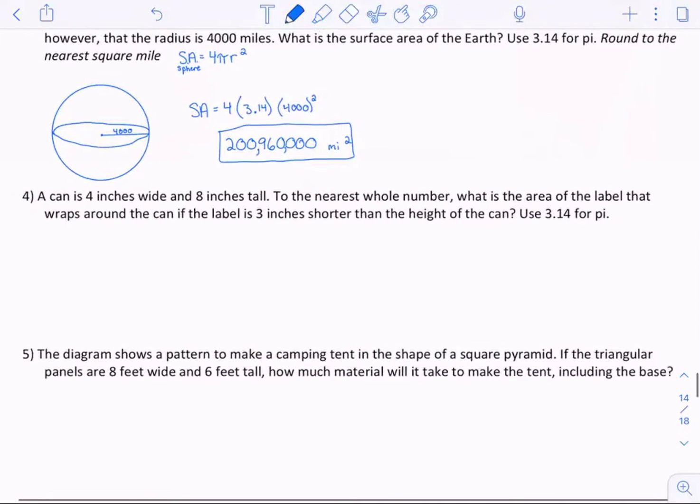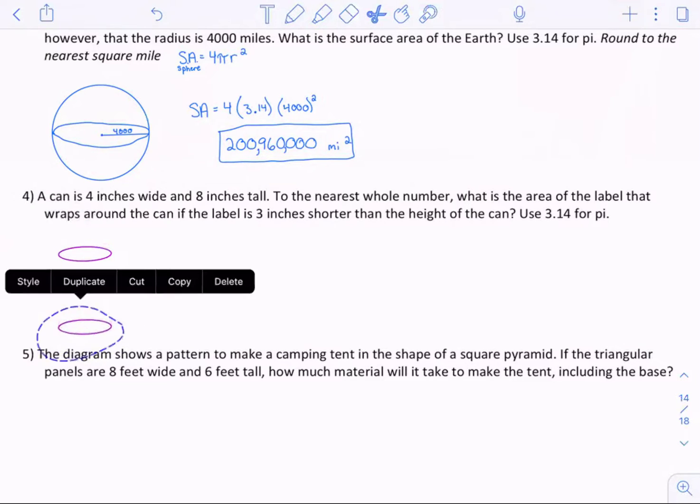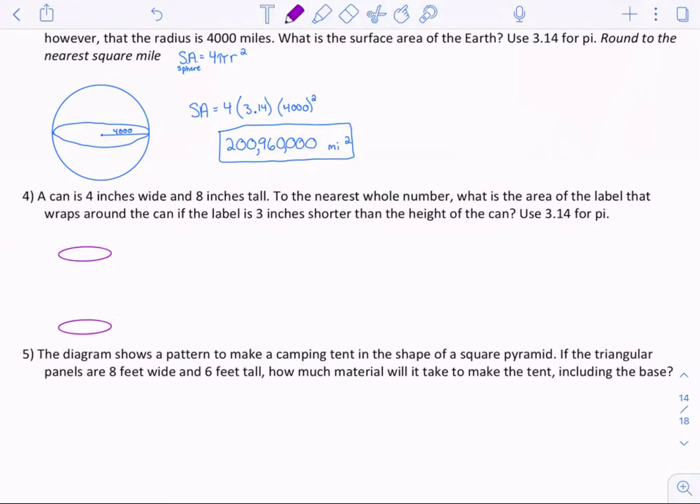Number 4, a can is 4 inches wide and 8 inches tall. Let's start by drawing a cylinder because we know a can, a Campbell's soup can, is a cylinder. It's 4 inches wide, meaning that that's the diameter. If the diameter is 4, the radius is going to be 2.